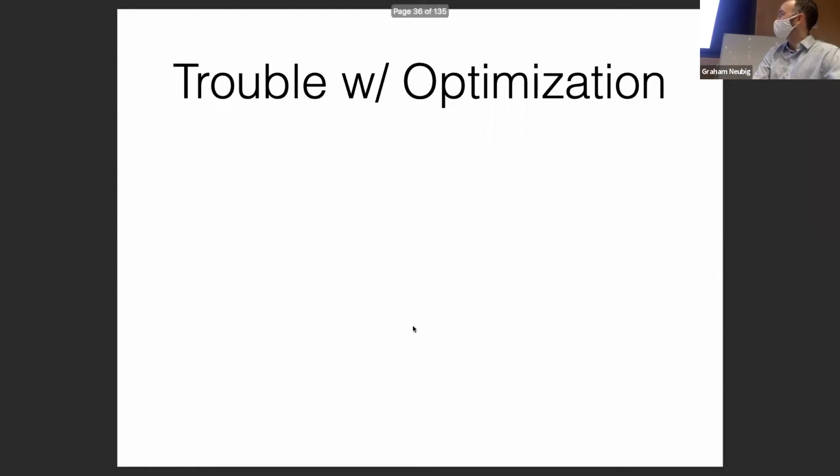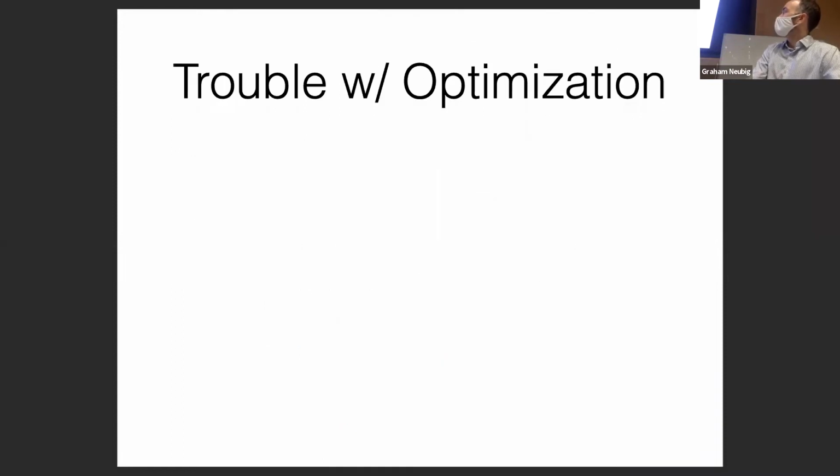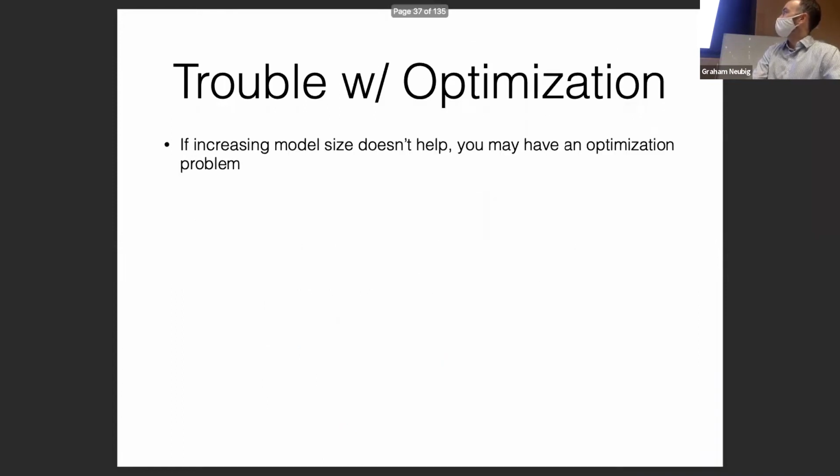Oh, notably, this is the test loss described here also. So these are not directly evaluating on the training loss. If you evaluated on training loss, I expect that this would be more stark, especially at the beginning of training. Trouble with optimization: if increasing model size doesn't help, you may have an optimization problem. So you can check your optimizer.